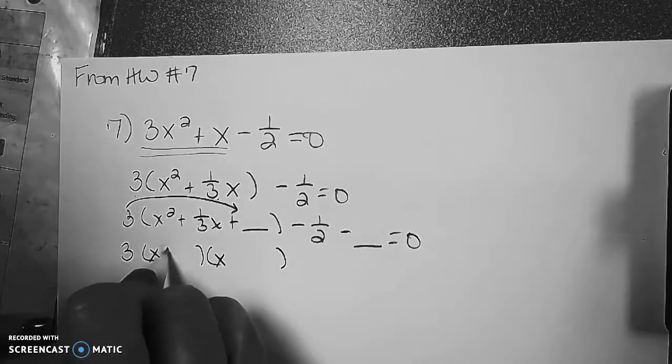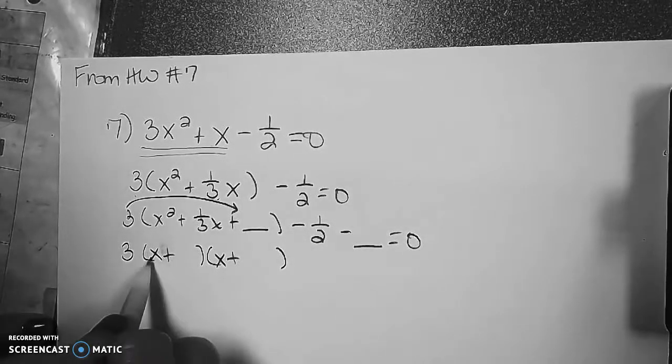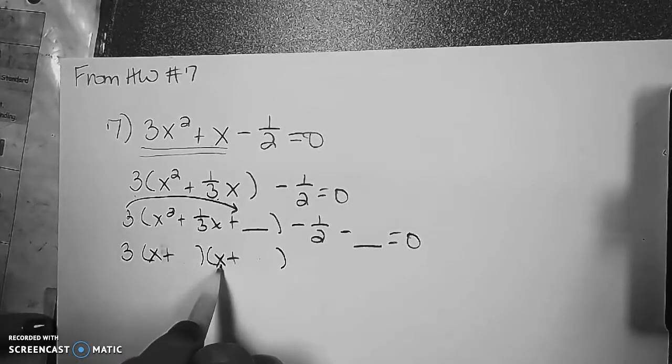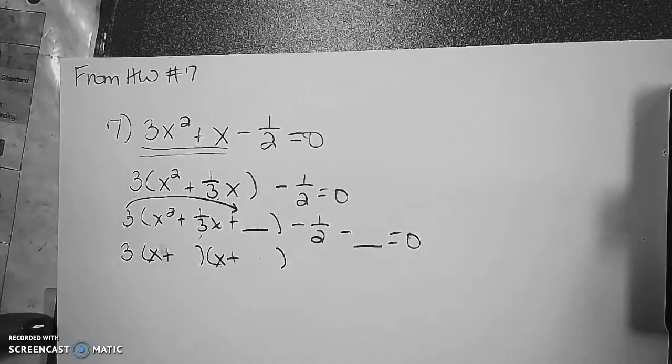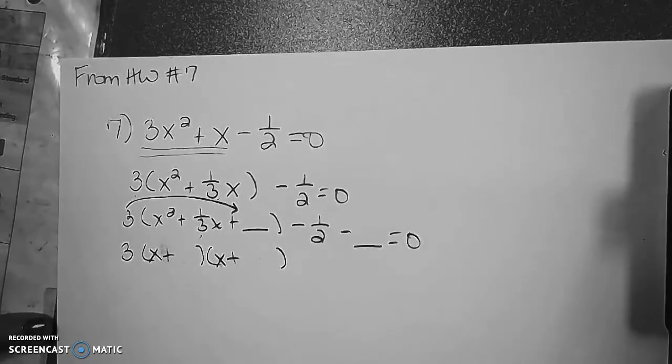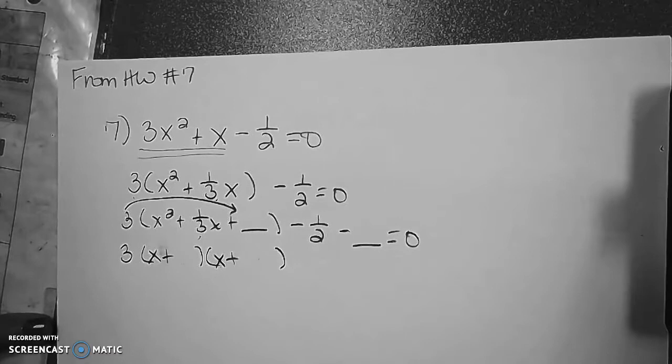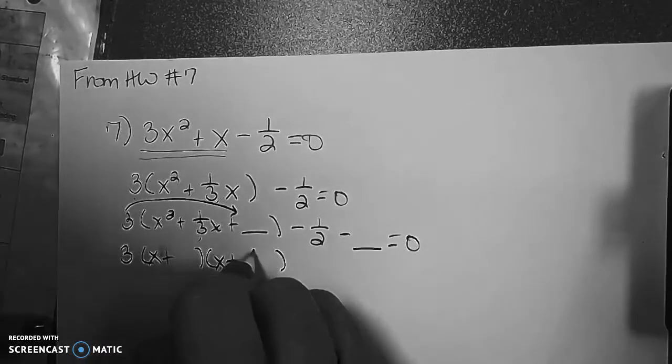I know both of these need to be plus, and I'm thinking about x times x is x squared. X times something and then x times something, I add those together, I have to get 1/3. So what number do I add to itself to give me 1/3? Well, would that not be half of 1/3?